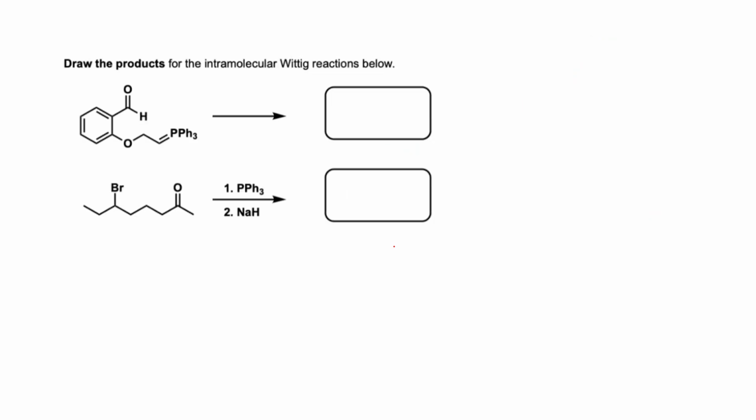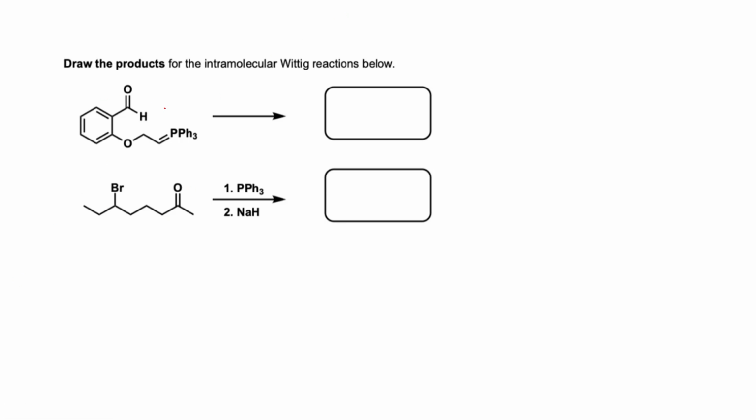Next question is to draw the product of these intermolecular Wittig reactions. Just give it a try, then we will solve it together. So what will be the answer? There is already a Wittig salt here.